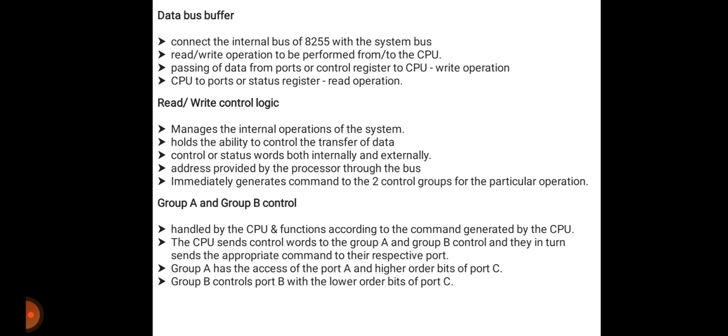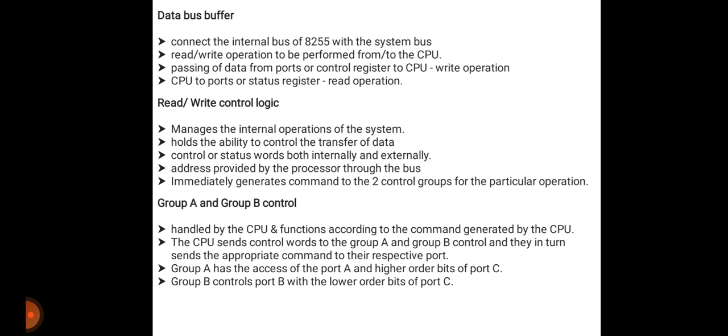First of all, we will see what the data bus buffer is and what it does. It is used to connect the internal bus of 8255 with the system bus, so as to establish proper interfacing between these two. The data bus buffer also allows the read and write operations to be performed from or to the CPU.